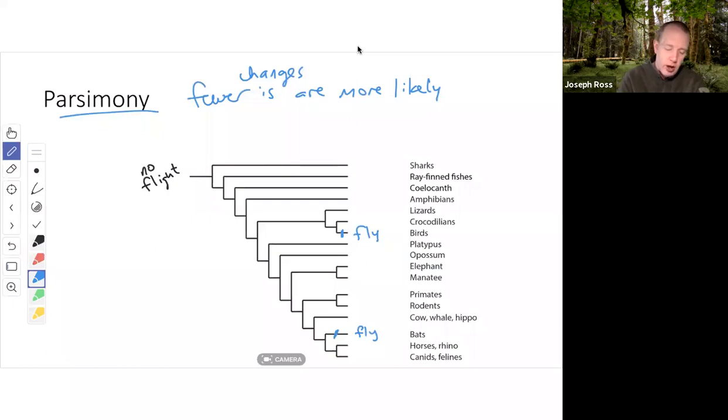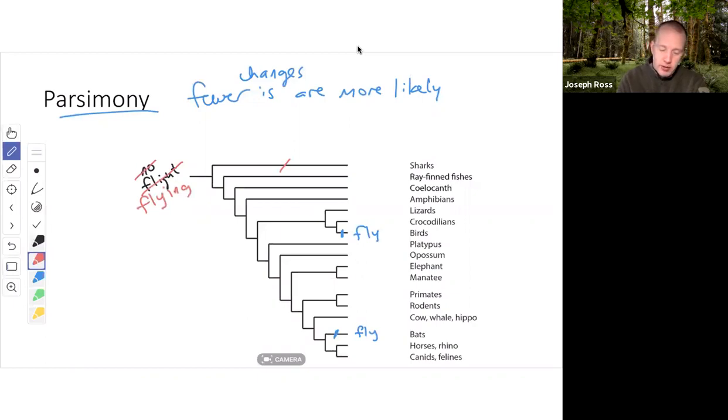So let's take a look at what the other possibility would have been under parsimony. The other possibility is that the common ancestor to all of these species was a flying species. In that case, the reason that sharks don't fly is because they lost that ability somewhere since they shared a common ancestor with the root of the tree.